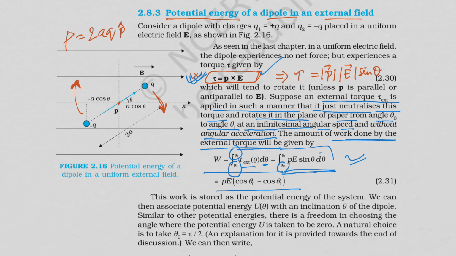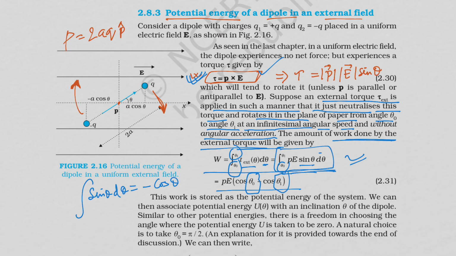Why? Because if we integrate sine theta we will get cos theta. So it is cos theta 0 minus cos theta 1. Integration of sine theta d theta is actually minus cos theta. That's why we are using theta naught first and then theta 1 later.